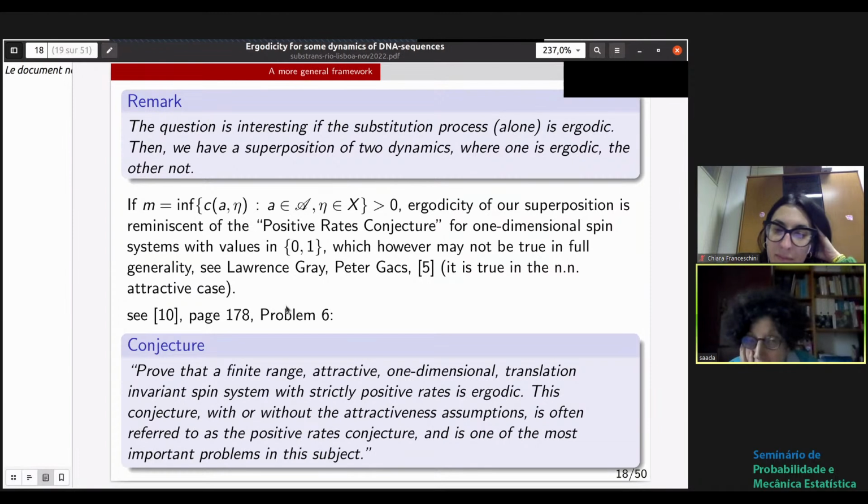And so that's a famous problem in Liggett's book. Prove that a finite range attractive one-dimensional translation invariant spin system with strictly positive rates is ergodic. And okay, that's all. Maybe you know about recent advances on this conjecture.